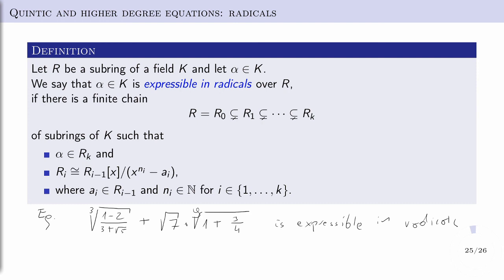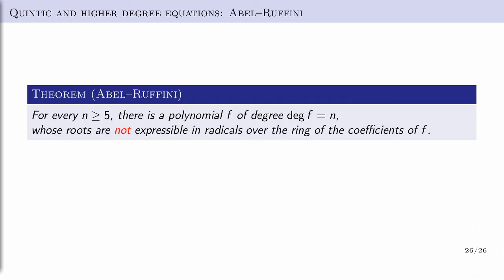And the Abel-Ruffini theorem says that if we fix a degree n, 5 or above, then there is always a polynomial of this degree such that it has roots, but these roots are not expressible in radicals over the coefficients. So in short, starting from degree 5, there are polynomials that have roots, but you cannot write these roots in a finite form.